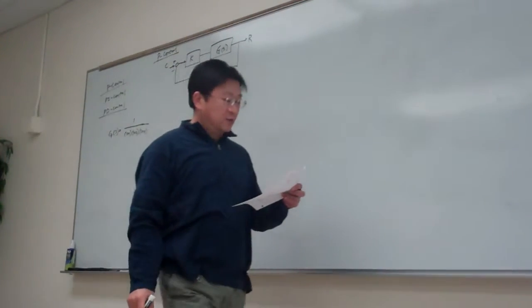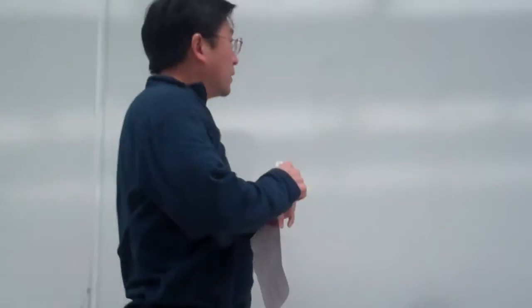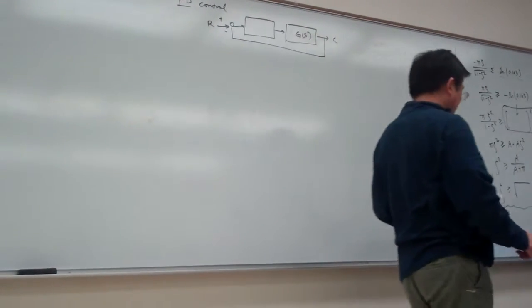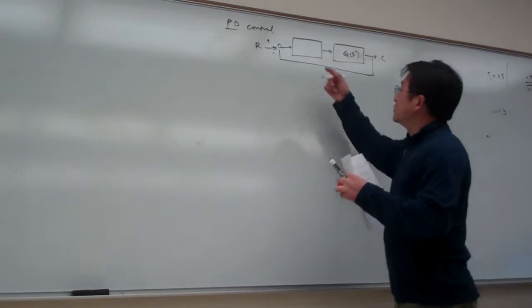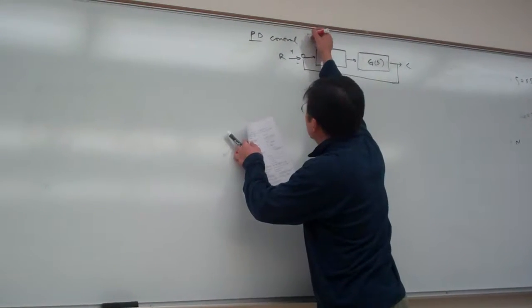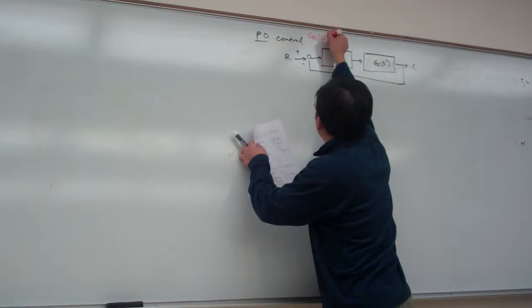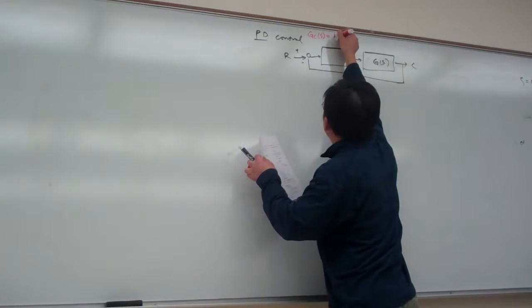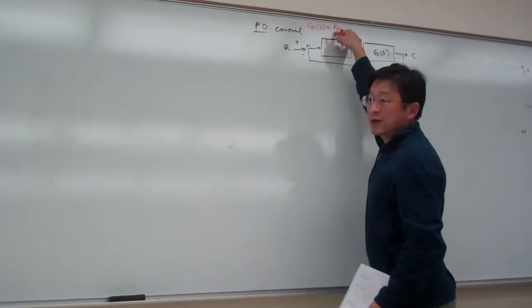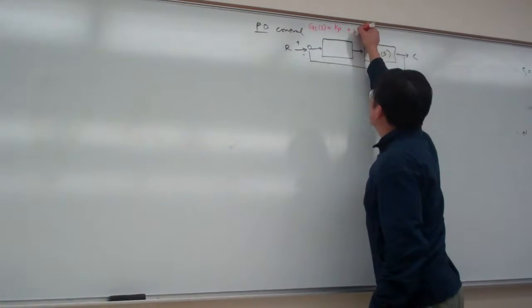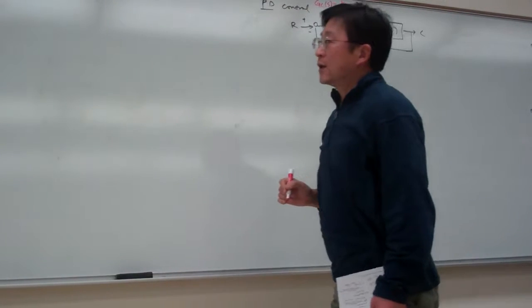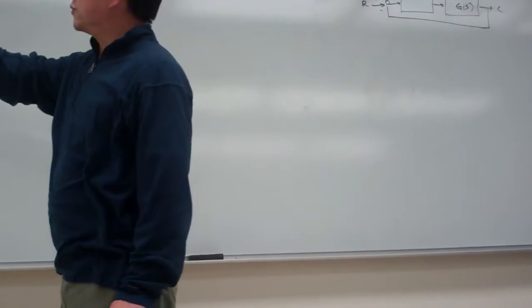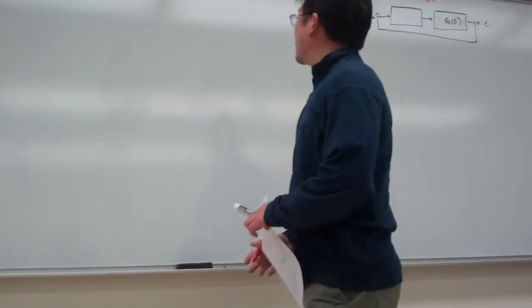And for these controllers, for the PD control here, the PD controller G_C usually has this format: the proportional gain K_P plus the derivative gain K_D times s. And for proportional control, we only have a constant K there.